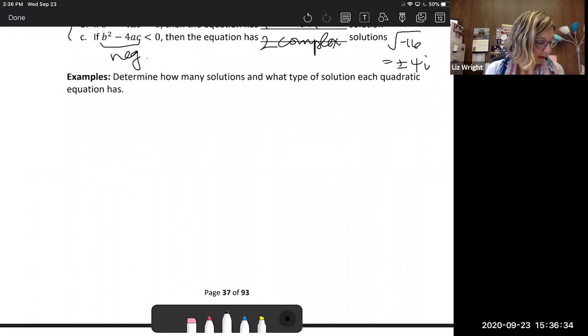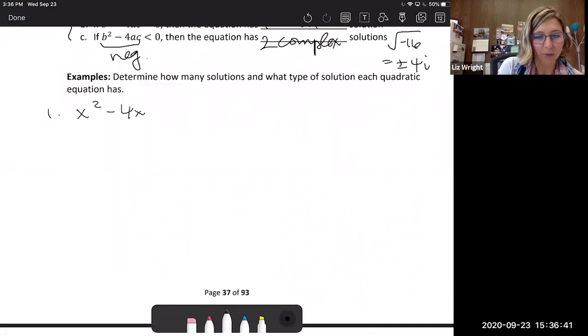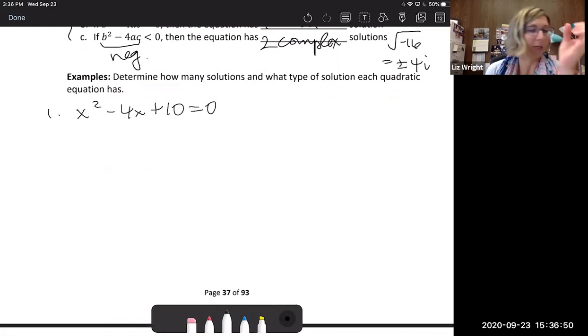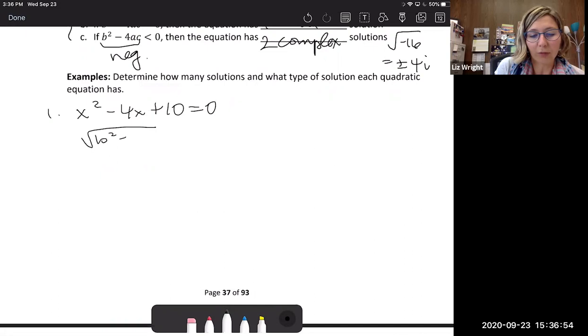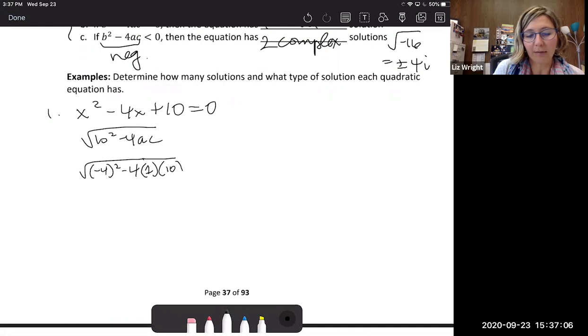So for this one, let's say that we had this problem, x squared minus 4x plus 10. And all I want you to do is tell me how many solutions you are going to get and what type. So we're going to calculate the discriminant. We're going to do just this part: negative 4 squared minus 4 times our a, which is 1, times our c, which is 10.